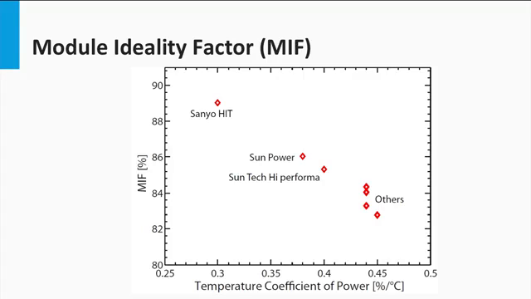These numbers have been calculated after modeling the temperature effects of these PV modules for the ambient conditions in the Netherlands in the year 2012. The Sanyo HIT module shows the highest module ideality factor owing to its low temperature coefficients of power.